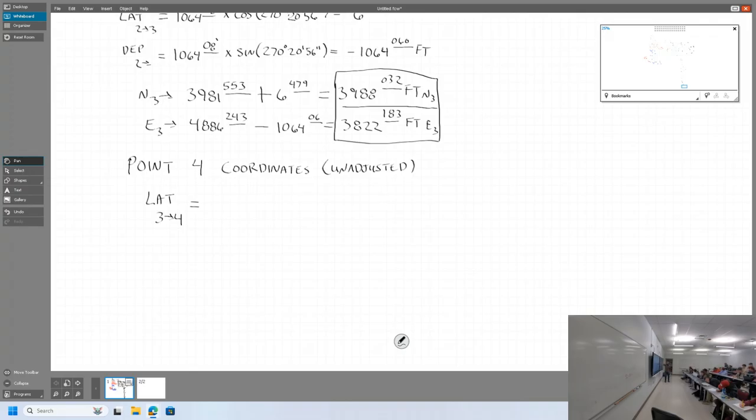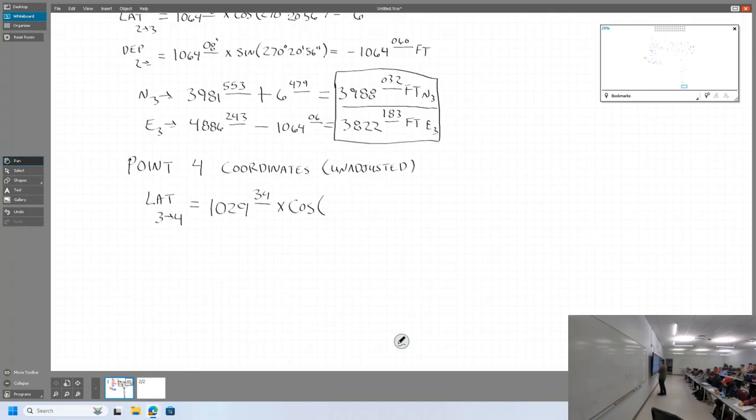Scroll right here, we're at point 3. We backsighted 2, we foresighted, and we got that slope distance of 1,029.34. So again, you just take that distance. The latitude is the distance times the cosine of the azimuth.